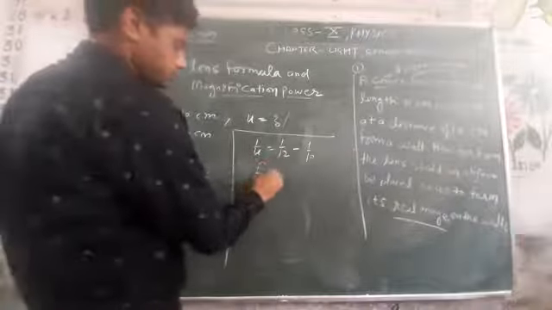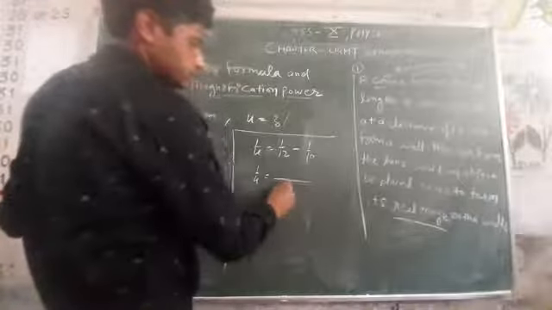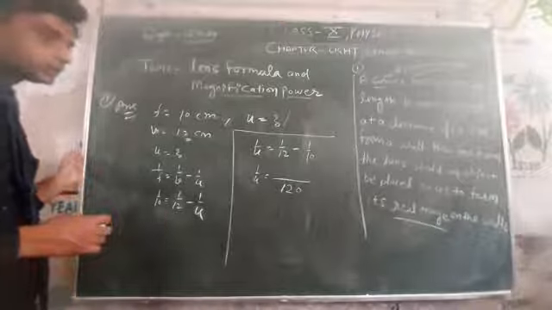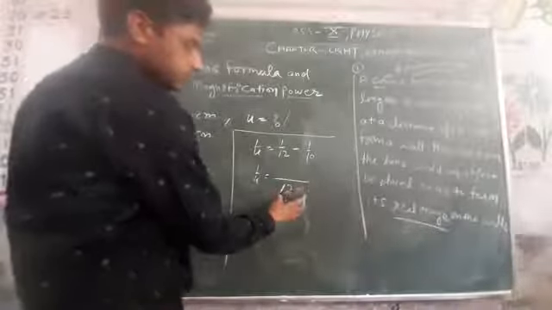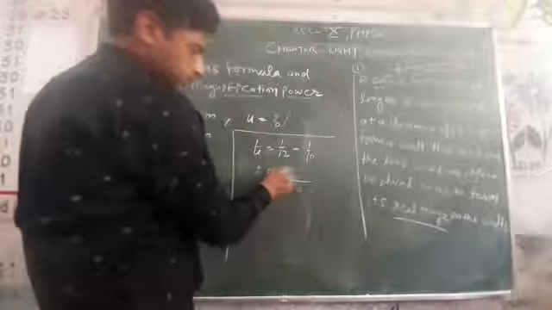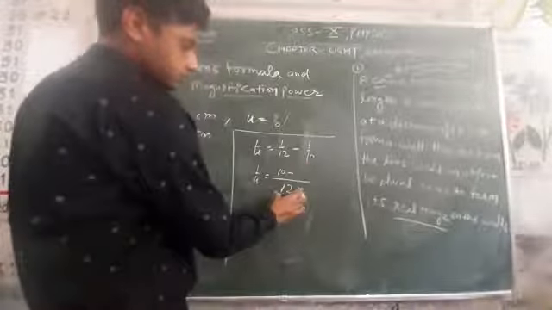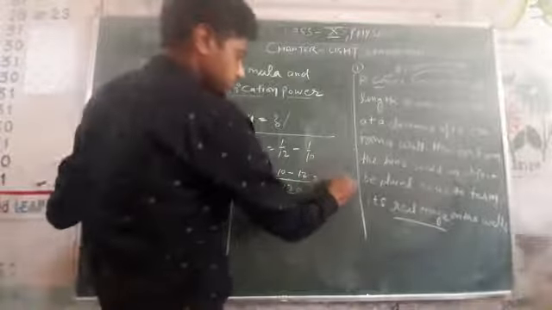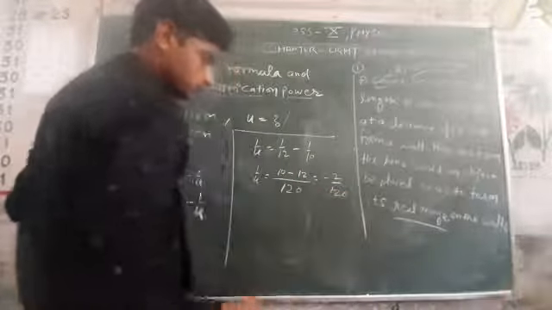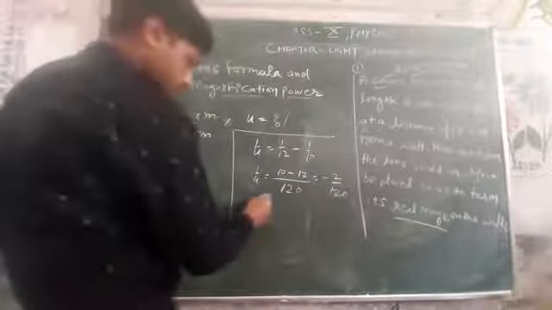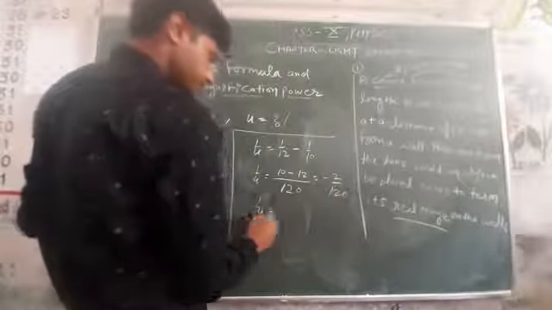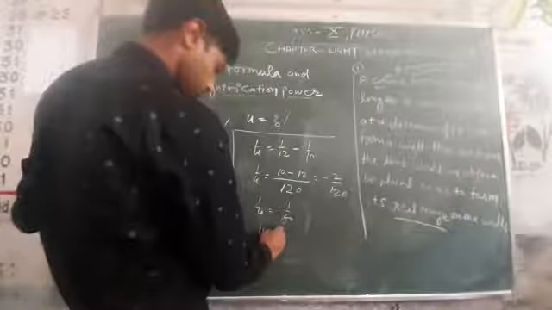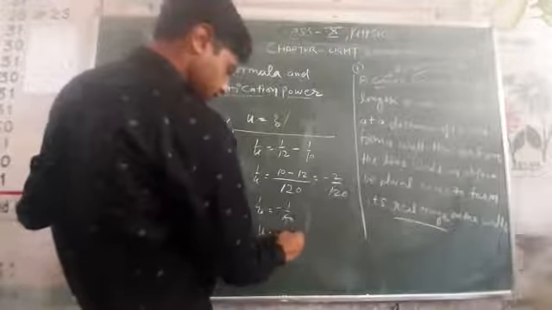The LCM is 120. When 120 is divided by 12 it is 10, and when 120 is divided by 10 it is 12. So it equals minus 2 upon 120. So 1 upon u equals minus 1 upon 60. So u equals minus 60 centimeter.